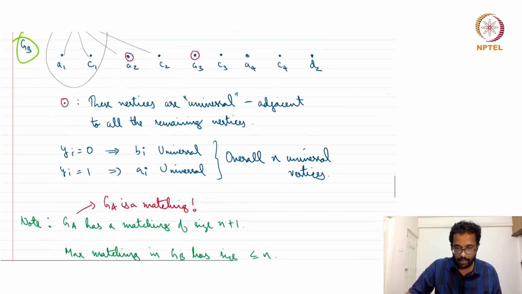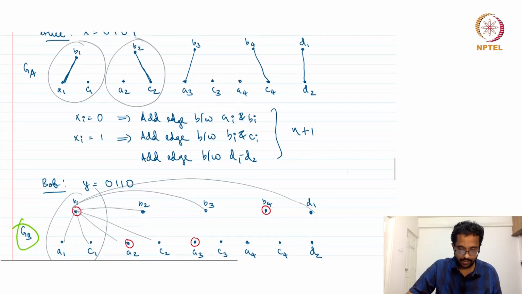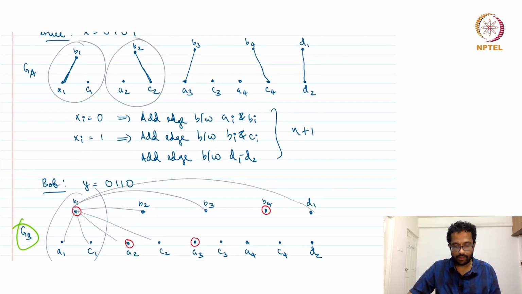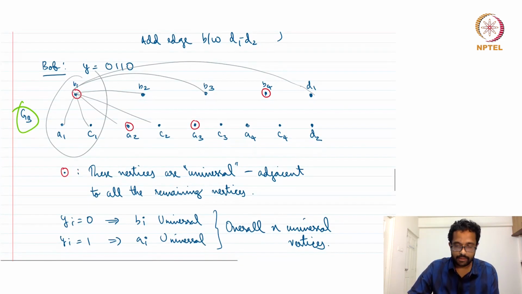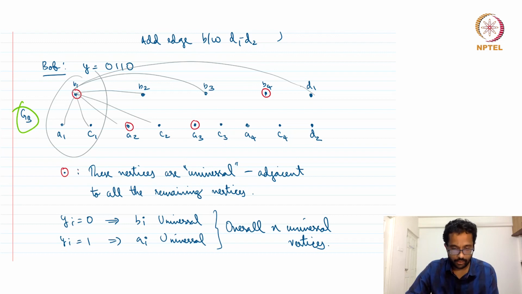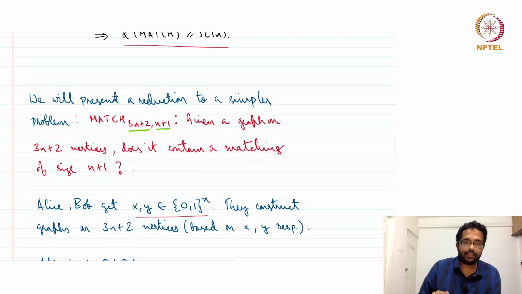So by construction, Alice's graph is a yes instance and Bob's graph is a no instance. The matching function applied to Alice's graph outputs 1, and applied to Bob's graph outputs 0, right? Because now we are trying to determine whether there is a matching of size n plus 1. That's what we said we'll do, a simpler reduction.